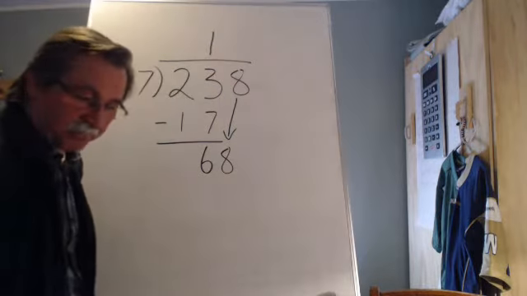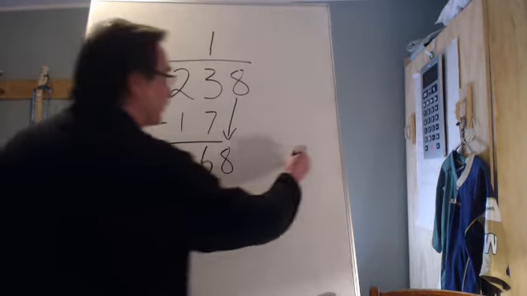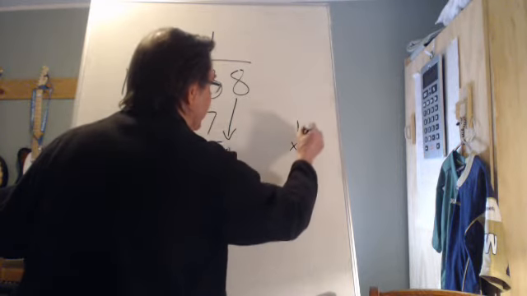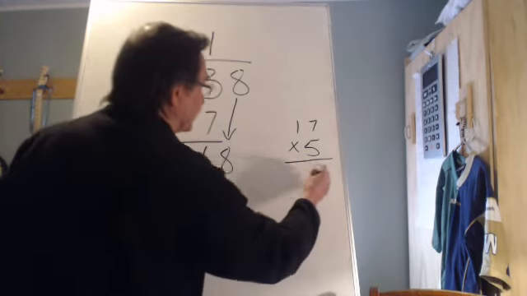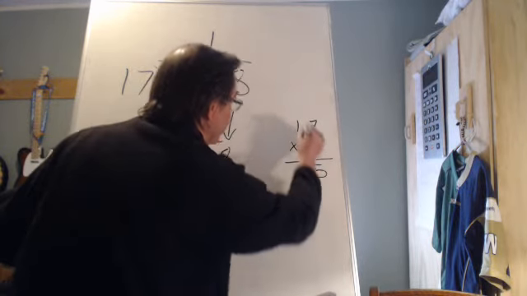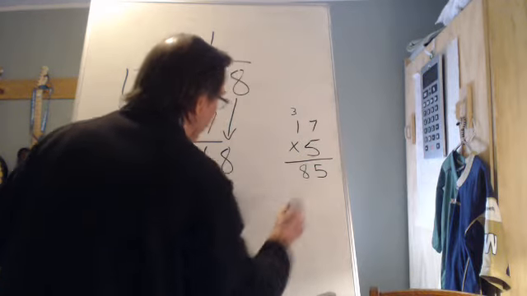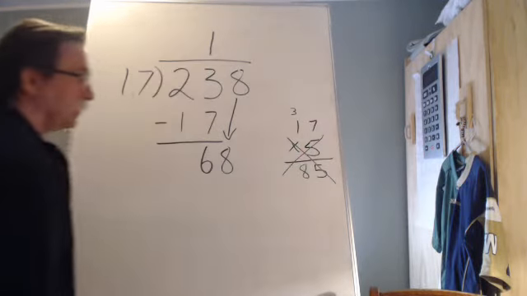How about 5? Let's see what 5 times 17 is. Well, 5 times 7 is 35. 5 times 1 is 5, 85. Uh-oh, that's too big. 5 is too big.